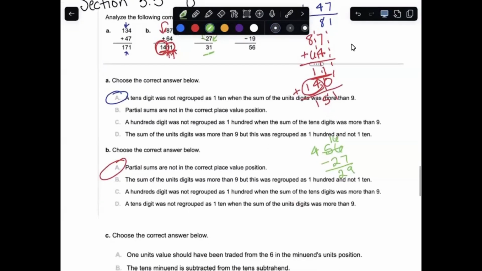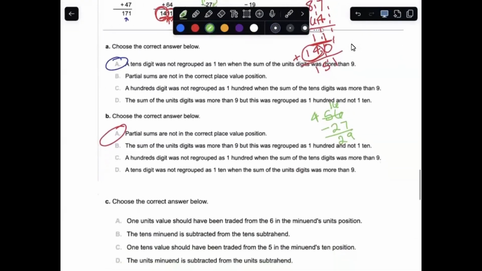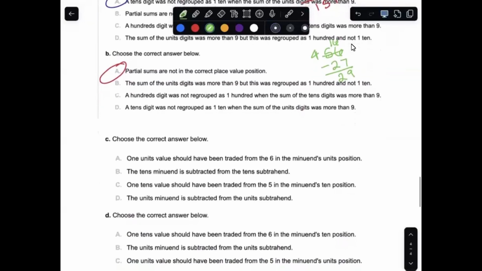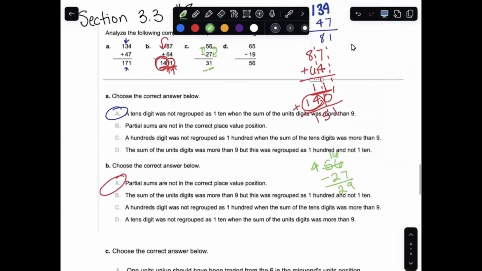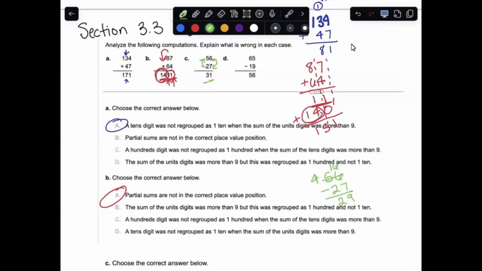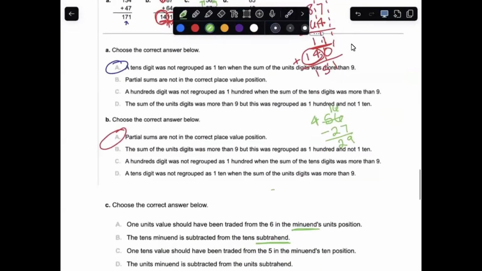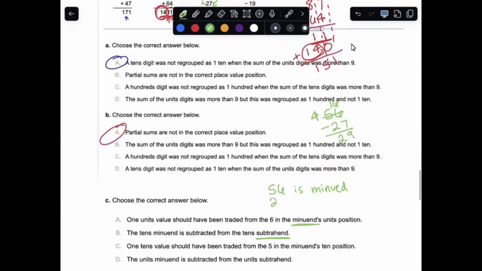Now, this might require a little bit of vocabulary reminder, but they use words in this question like minuend and subtrahend. Minuend is the number we are subtracting from. So 56 is the minuend, and the subtrahend is 27.